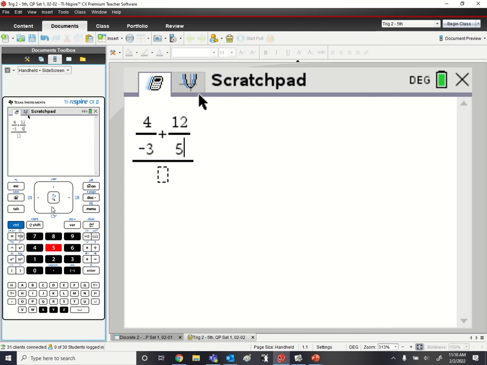Now I move to the bottom of the fraction. So it's 1 minus control divide, and that was my 4 over -3, right? Very good.